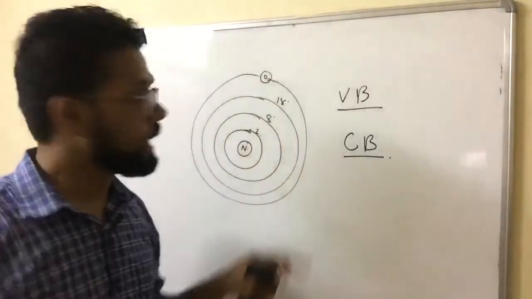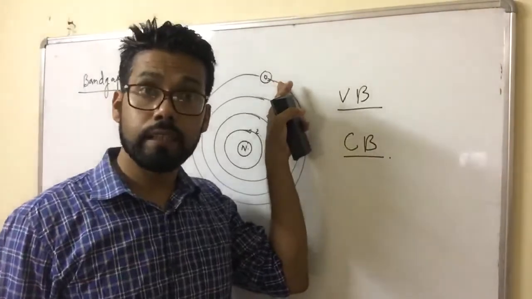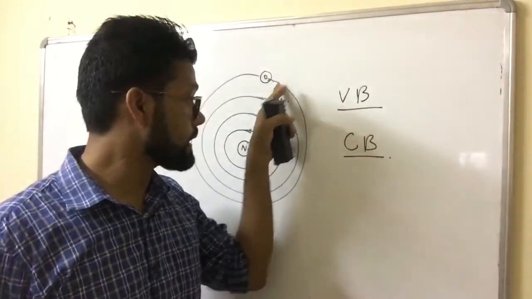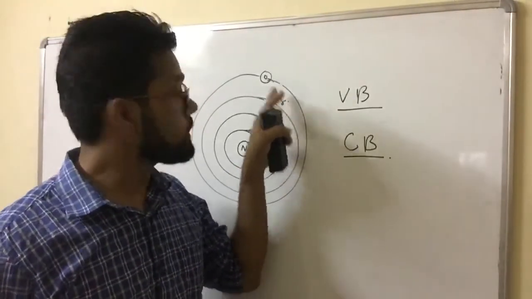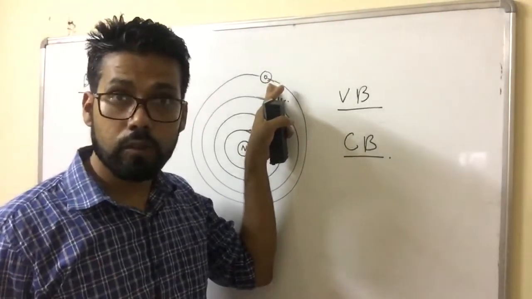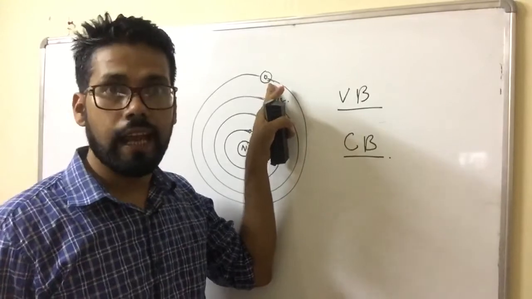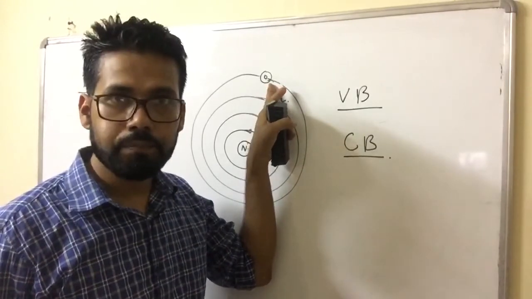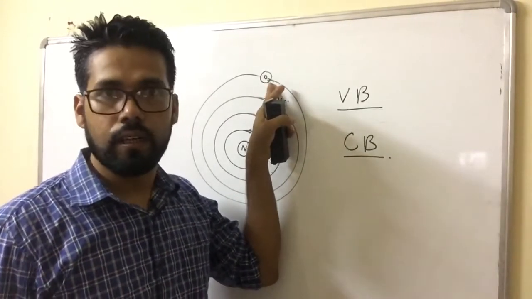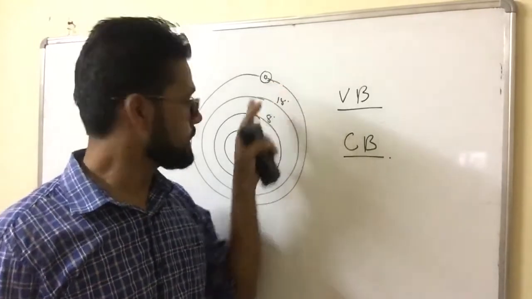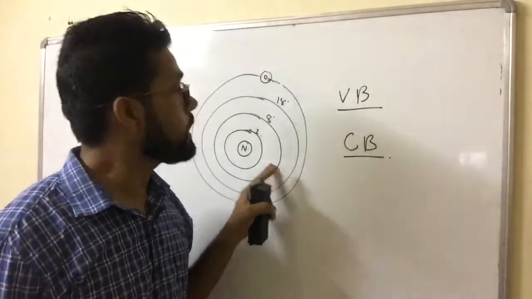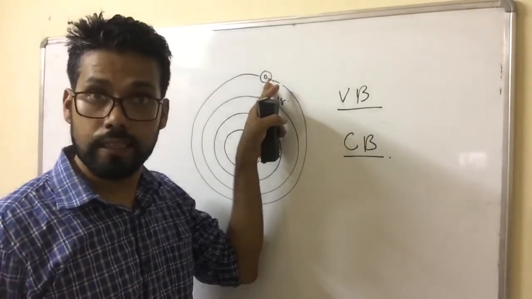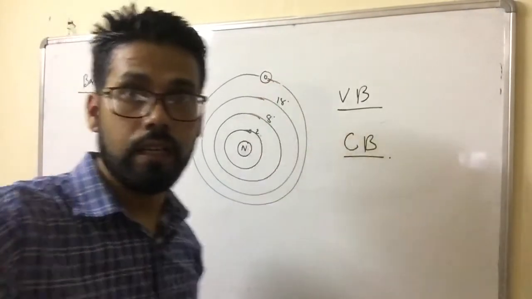Now this 1 electron is at the longest distance compared to the electrons in the K, L, and M shells. So this outermost shell electron is almost considered a free electron, and any electrical conductivity or electrical property of this atom, or of a crystal containing this atom, is due to this electron.